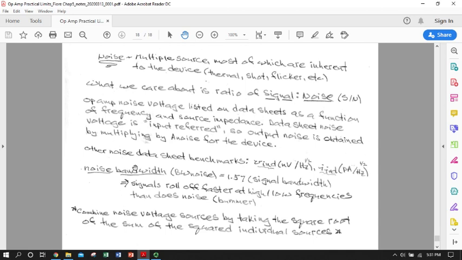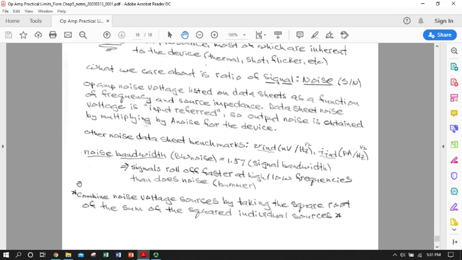Those types of noise signals have a bandwidth that is bigger than our signal bandwidth. So our signal gain is going to roll off faster generally as we depart from the mid-band than our noise will, which is kind of a bummer. So I guess that's another advantage to operating in the mid-band region. Your signal to noise will inherently be bigger.